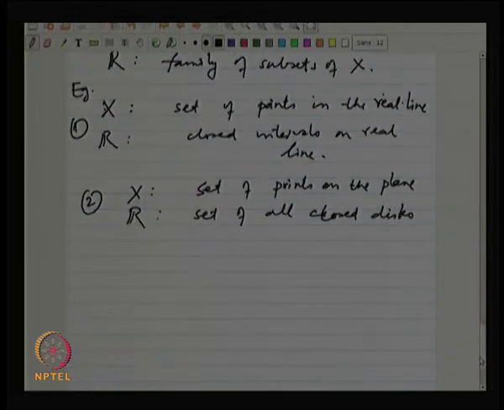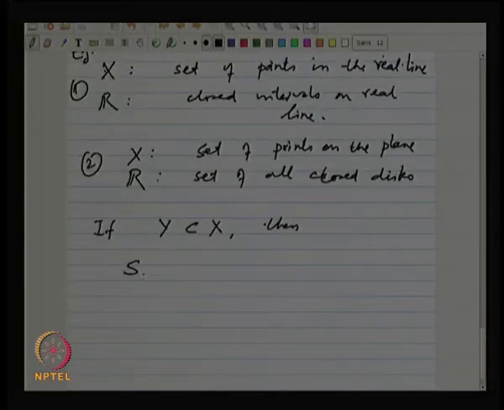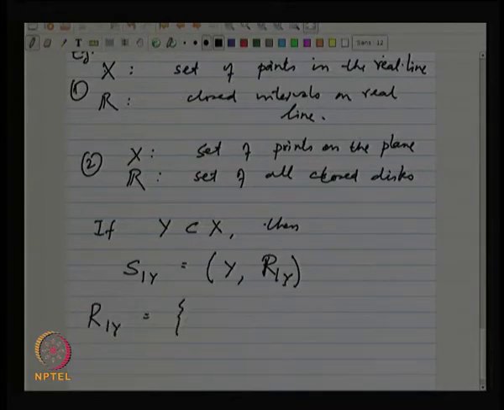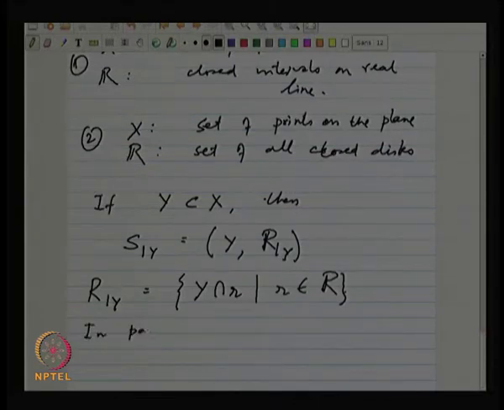If Y is a subset of X, then the range space restricted to Y is defined as Y, with the ranges restricted to Y. In particular, Y can be finite.